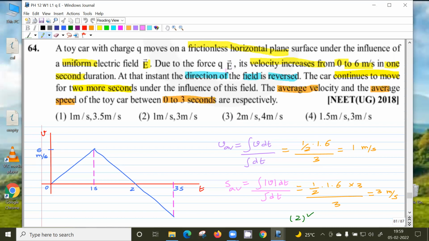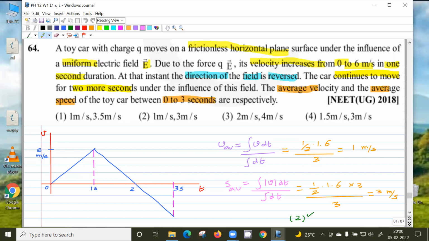So the force is QE, and after 1 second it's minus QE. Whatever the acceleration value, the magnitude is the same for the deceleration also. So if it takes 1 second to increase from 0 to 6, it will take 1 second to decrease from 6 to 0. V equal to U plus AT: A is positive, U is 0, so the time taken is final velocity by A, right?